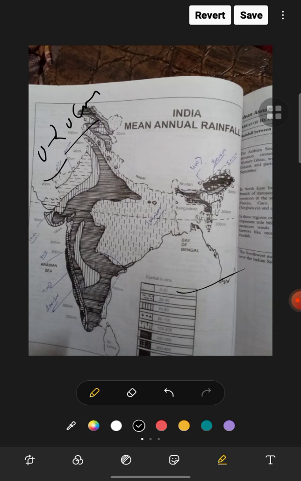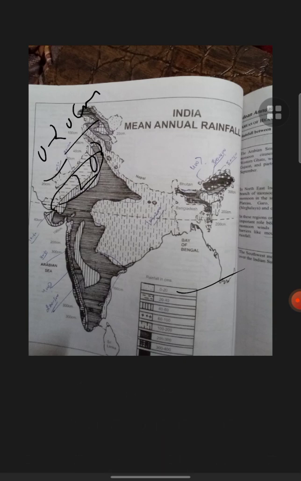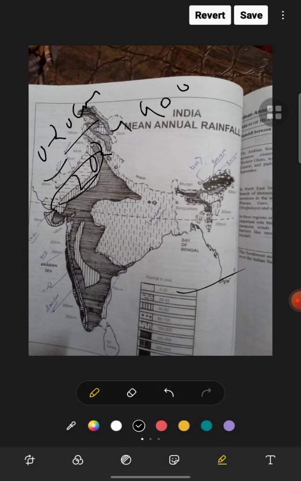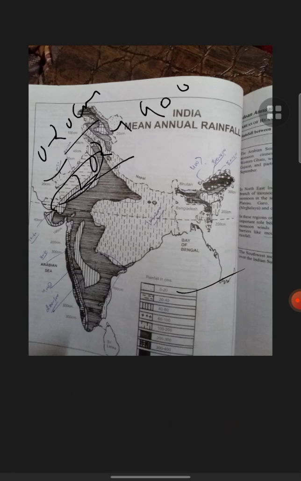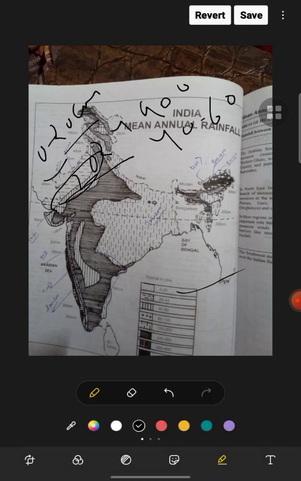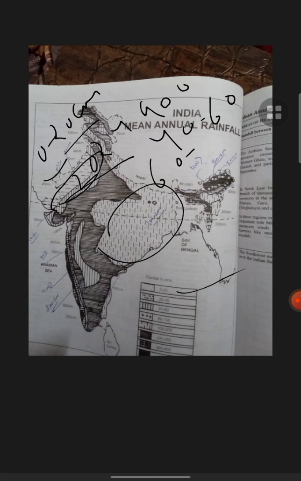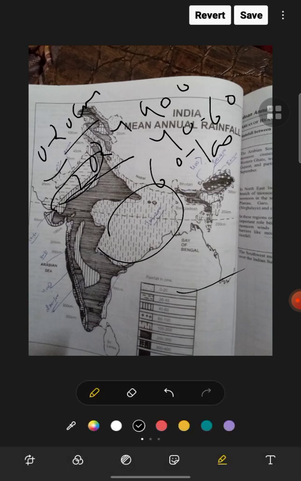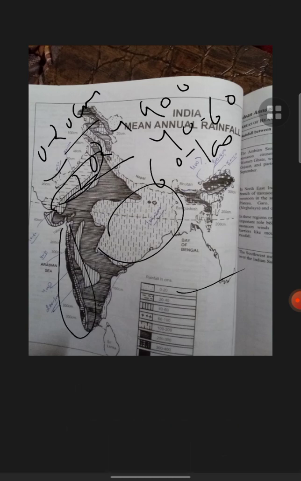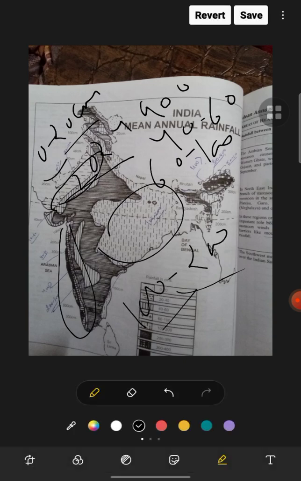Now 20 to 40, so we can see this area is 20 to 40. Okay, now 40 to 60%, this area is 40 to 60%, and 60 to 100% is this whole area. 60 to 100% rainfall. 100 to 200, this area is under 100 to 200, some part of that.